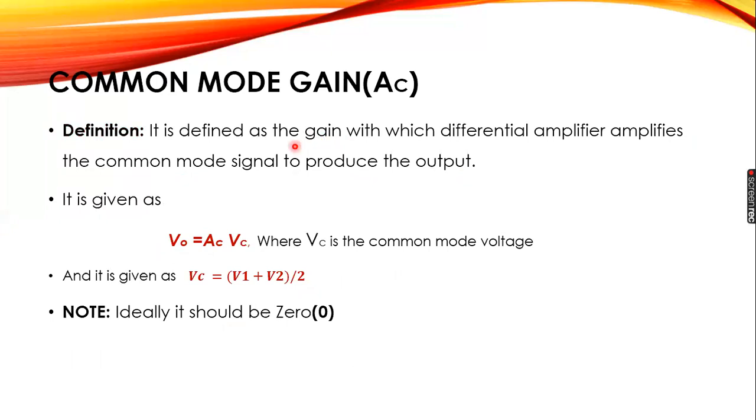Generally, the differential amplifier amplifies with differential gain itself, and this common mode gain should be kept ideally 0, but practically it will be a small value, and it is given as V0 is equal to AC into VC, where VC is the common mode voltage and is defined as average value of two input voltages. So VC is equal to (V1 plus V2) by 2. Ideally, it should be a 0 value.